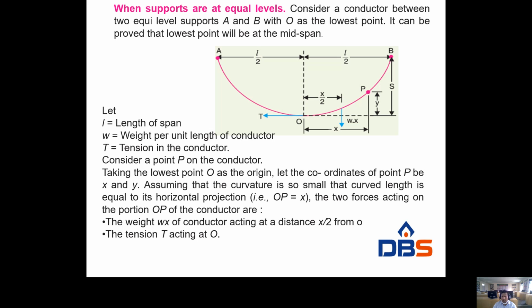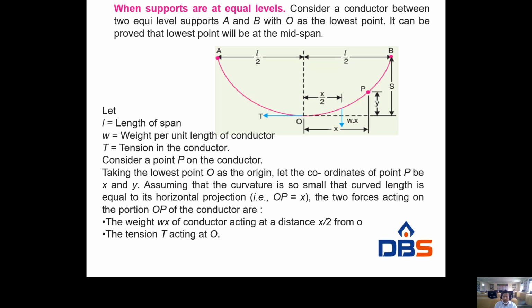It can be proved that the lowest point will be at the midspan. Small l is the length of the span, W the weight of the conductor, T the tension of the conductor. Now let us consider a point P on the conductor.